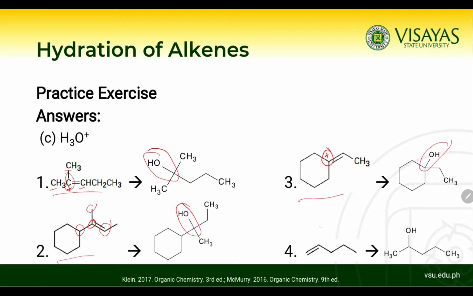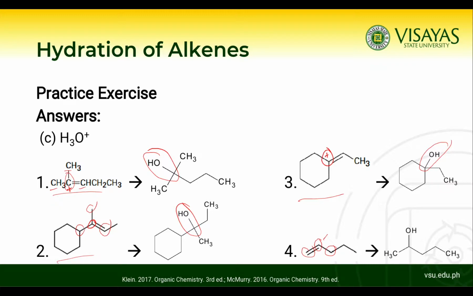For number 4, the carbon that will bear the positive charge in forming the carbocation intermediate is this carbon here. Now, that is a secondary carbocation. Now, when we look to the right, we don't have a methyl group. To the left, there is no methyl group. So, there is no possible rearrangement reaction that would produce, for example, a tertiary carbocation.